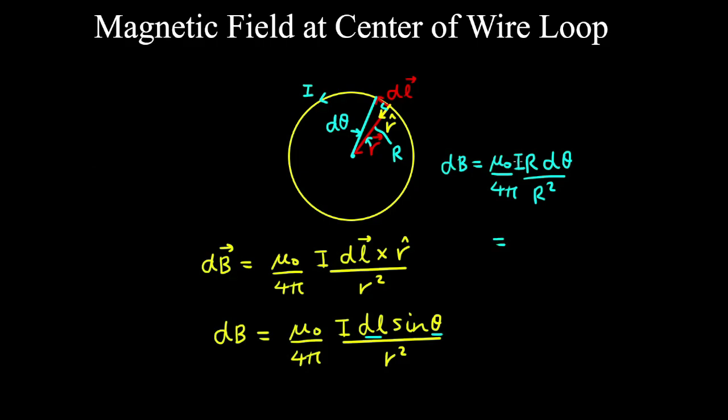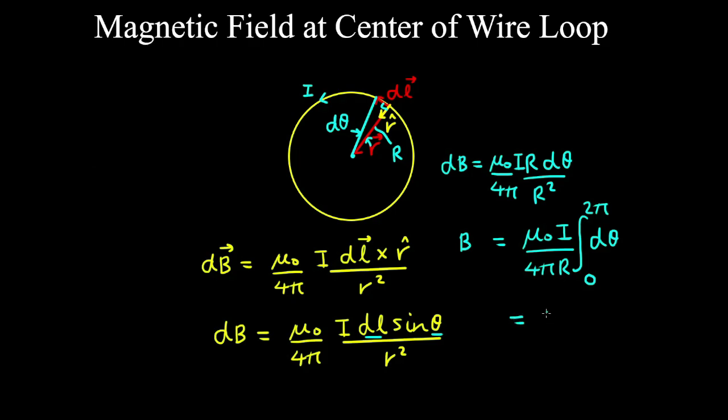So therefore we can simplify this to mu naught I on 4 pi r d theta, and then if we integrate both sides, we get the total magnetic field at the center of this wire. So all of these quantities are constant, so we can take them outside the integral, and we integrate from 0 to 2 pi.